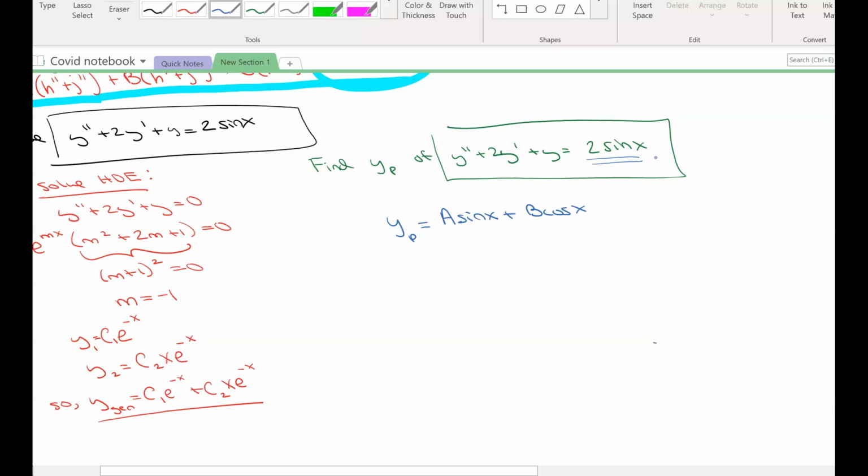And the most inclusive version of y particular is this, right? Because we have to allow for the possibility that y particular's function and its first and second derivative interact in a way that all the cosines cancel out, if you will, and we're left with 2 sine x, okay?